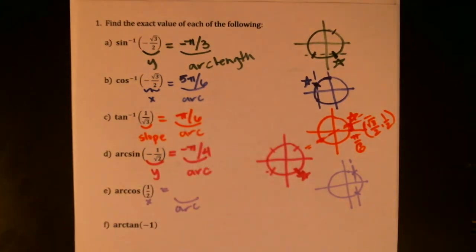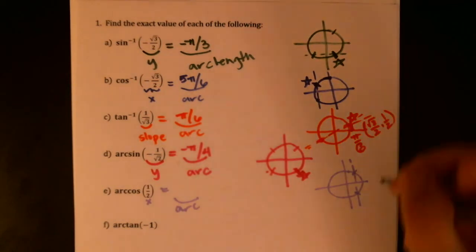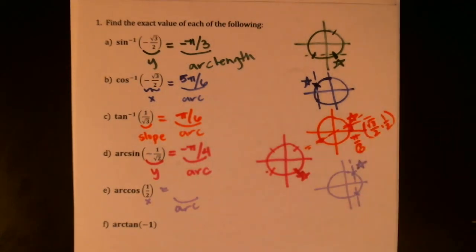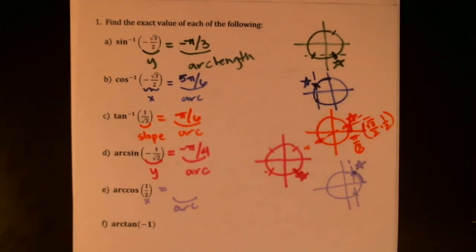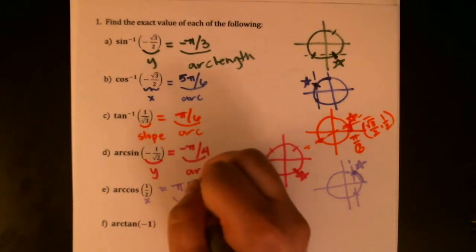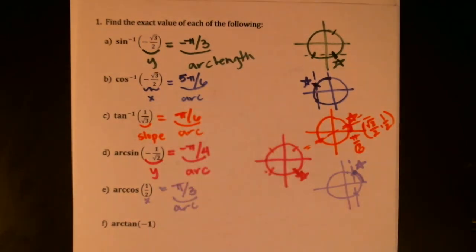So arc cosine is going to give the arc length that's between 0 and pi. Remember, cosine is different. That will make my x coordinate 1/2. So arc cosine will always choose this top point, and then it will choose the shortest possible distance to that top point. So to get an x coordinate of 1/2, I need an arc length of pi over 3.